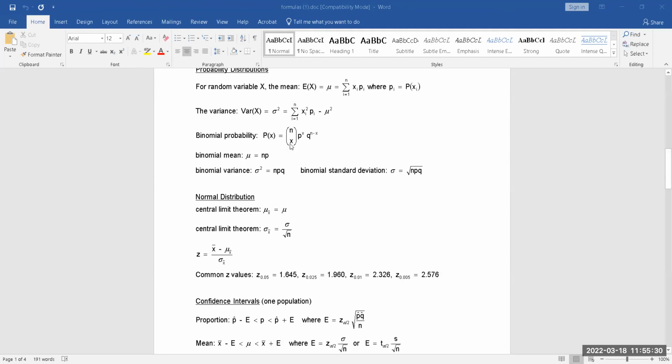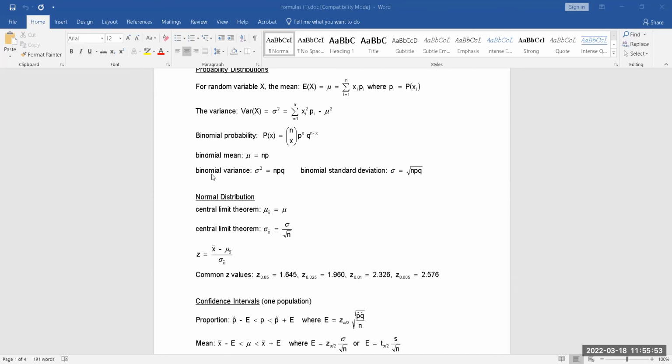Binomial probability. This weird thing in the parentheses, that's the same as combination. This is the same thing I use for the regular stats class. They sometimes see different notation. Now, notice this is binomial mean, binomial variance, binomial standard deviation. We've done this like 5 times today. That's the end of the formula.